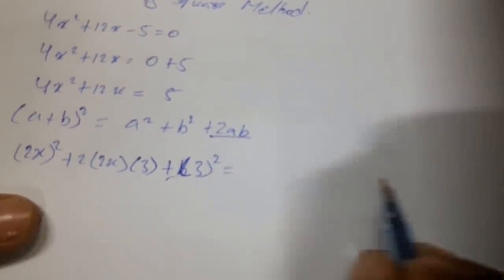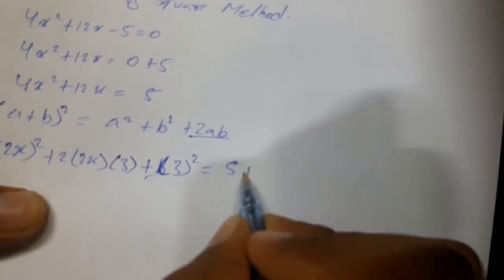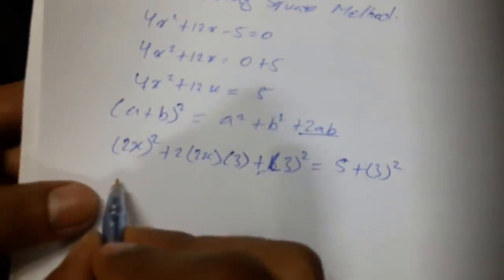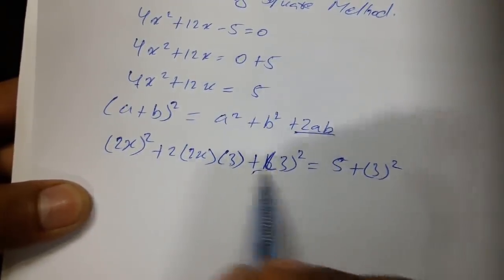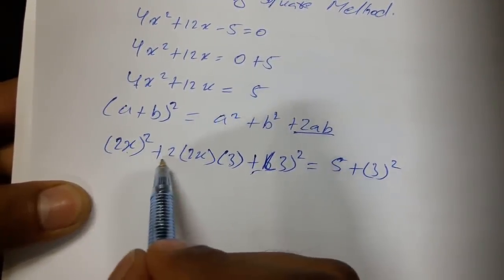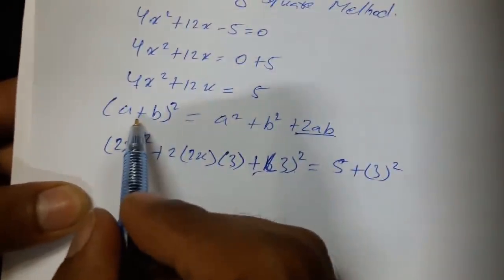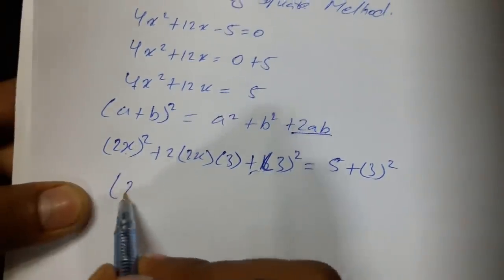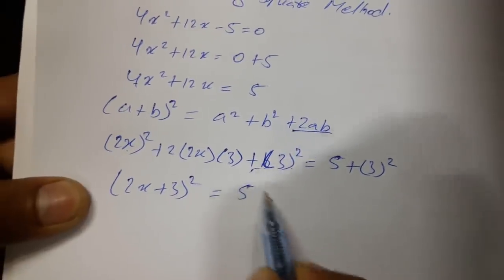So on the other side I put 5 plus 3 square. Now this becomes the formula a square plus 2ab plus b square. So I will shrink it and write 2x plus 3 whole square is equal to 5 plus 3 3s are 9.